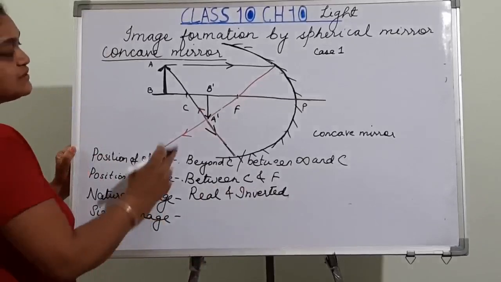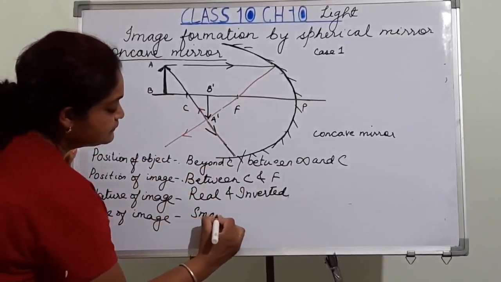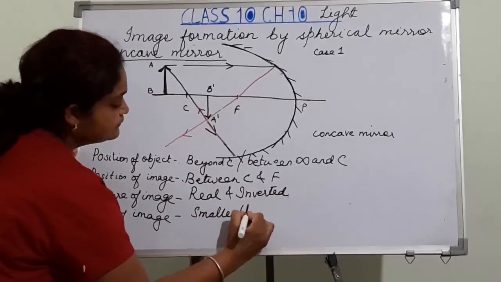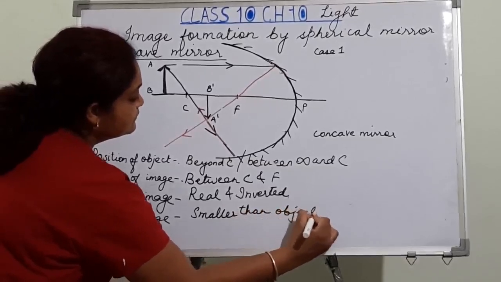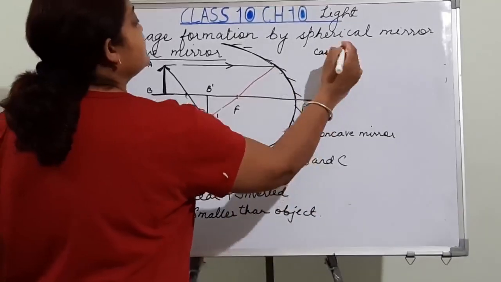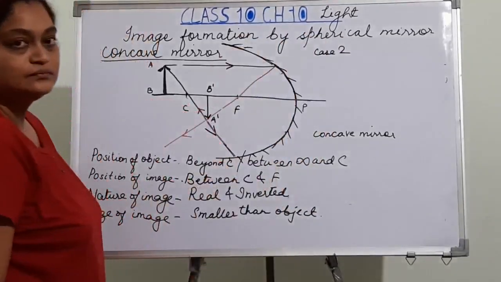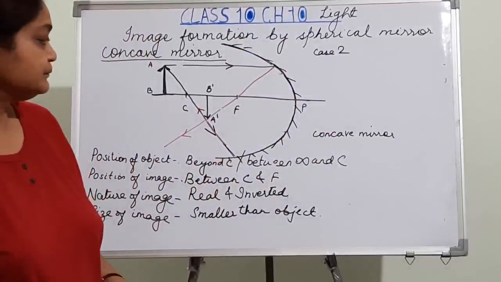Size of image is smaller than the object. So this is how you will draw, and this is case 2, the second case for a concave mirror.